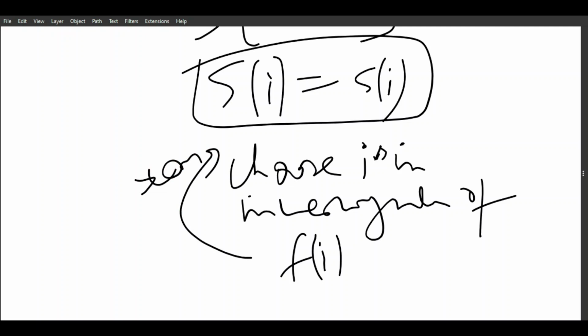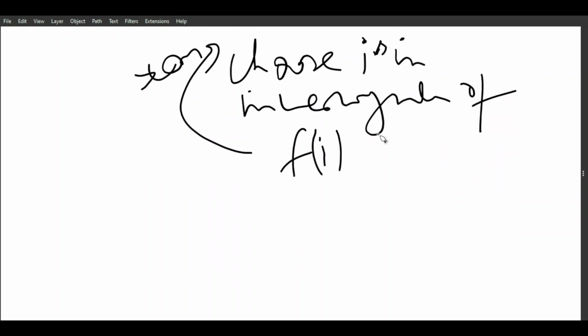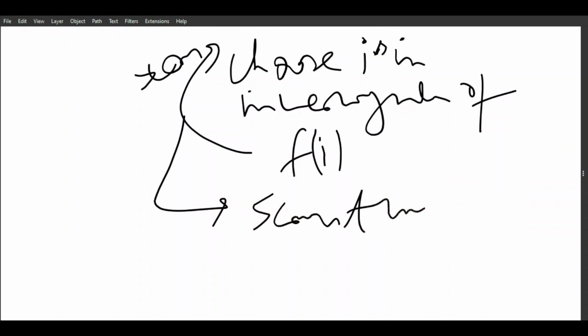So once we select the first interval, then scan it until this sj is greater than f1.